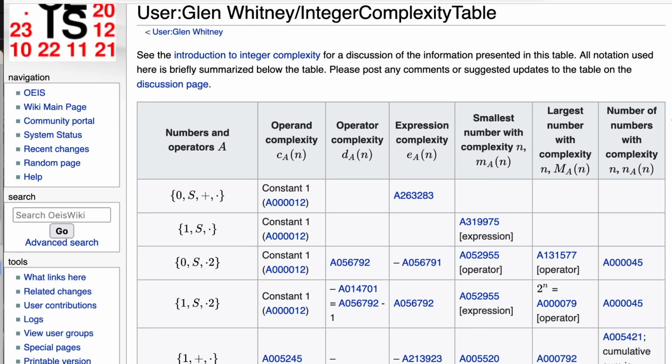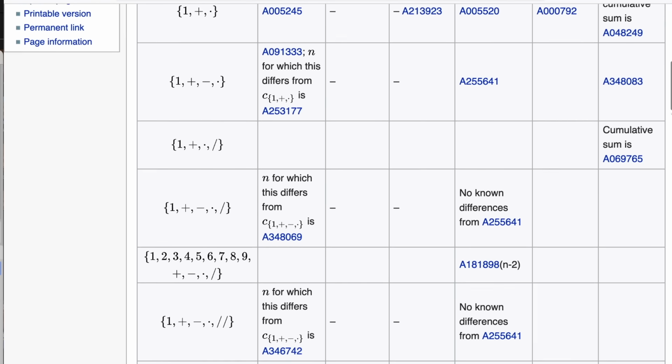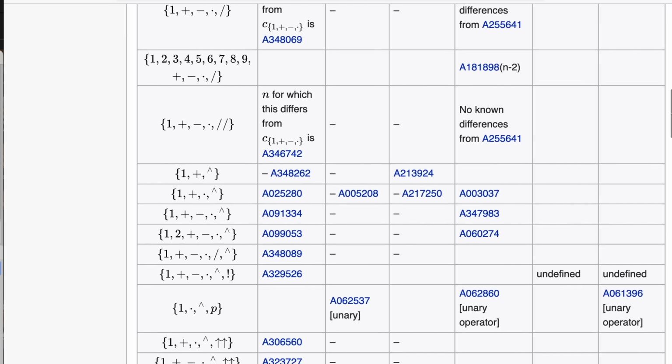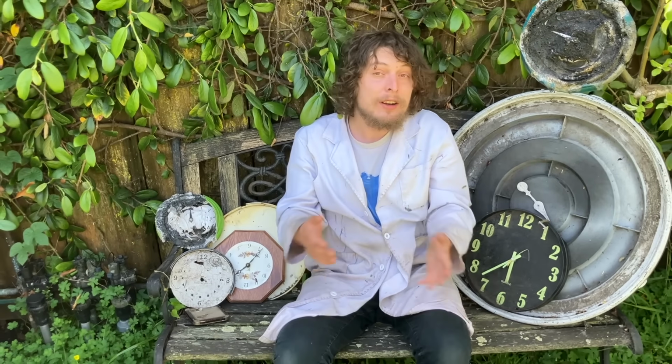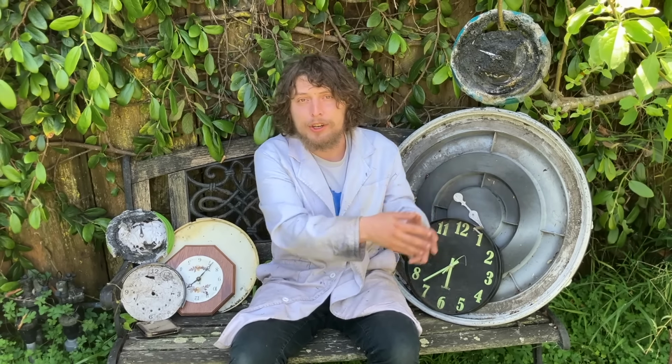In fact, I found an awesome table compiling many of these results by someone named Glen Whitney, which showed many different sequences of numbers, not only the costs of them under different operations, but also things like what is the list of numbers that are cheaper to build if we include subtraction, or what is the list of numbers that are cheaper to build if we also include division.